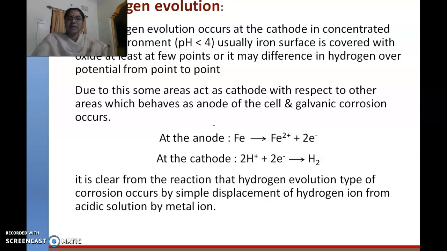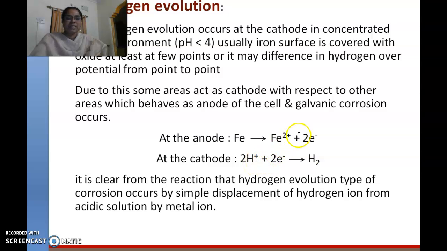Consider a large iron bar or iron piece. What will happen at the anode? Iron loses electrons, forming Fe2 plus with the loss of 2 electrons. At the cathode, where do these H plus ions come from? We already said this is an acidic environment, so H plus ions must be there.